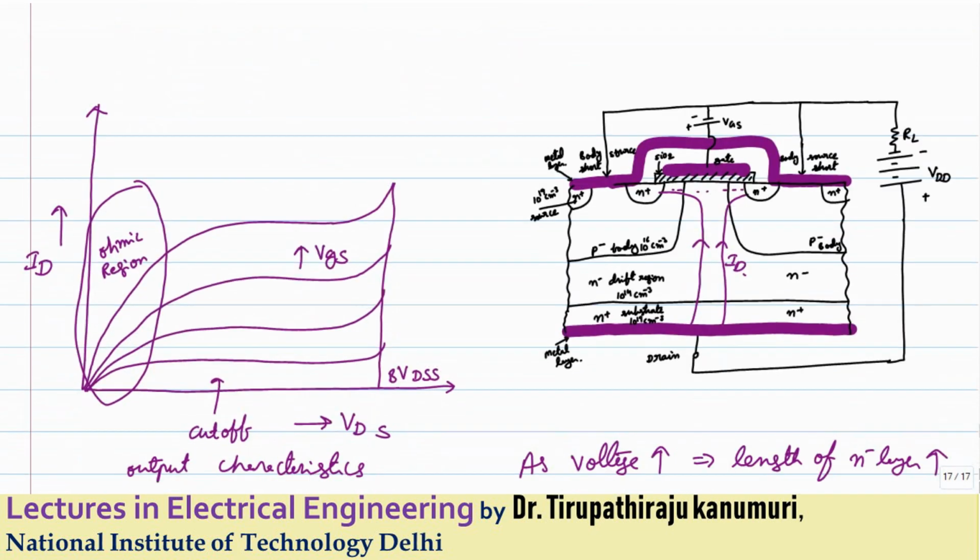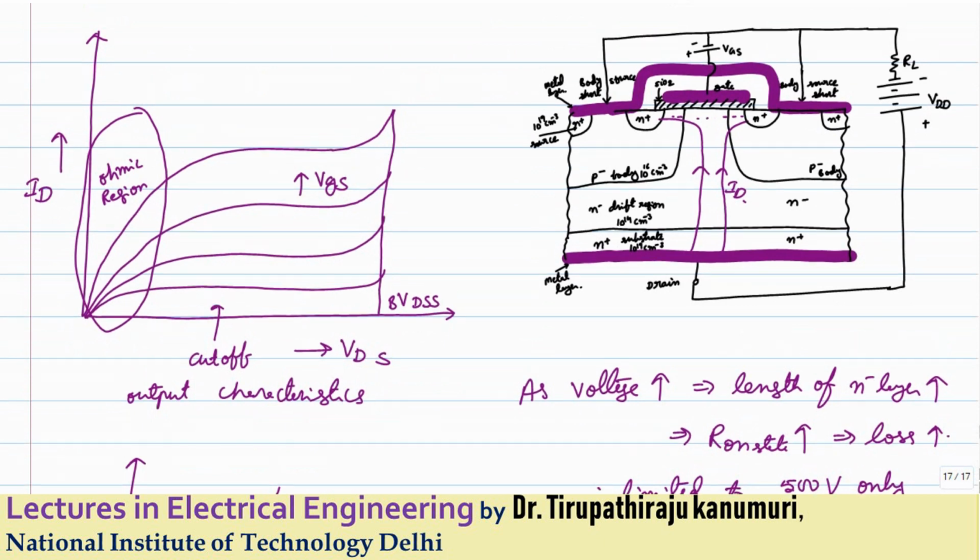Now coming to the operating characteristic of this MOSFET. As you are increasing the drain to source voltage for a given value of the gate to source voltage, the current will increase up to a certain extent. After that it will saturate. As you are increasing the value of the gate voltage, the characteristics will go on shifting, and a point will reach where breakdown occurs, because one junction is reverse biased.